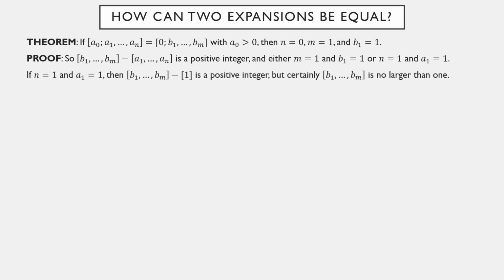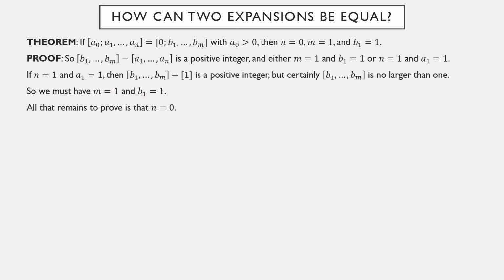Now if n is equal to 1 and a1 is equal to 1, then this continued fraction expansion is just 1 over 1, which is a positive integer. But b1 all the way up to bm cannot be larger than 1. It's a continued fraction expansion 1 over b1 plus etc. So the only way this could also be a positive integer is for m equal 1 and b1 equal 1.